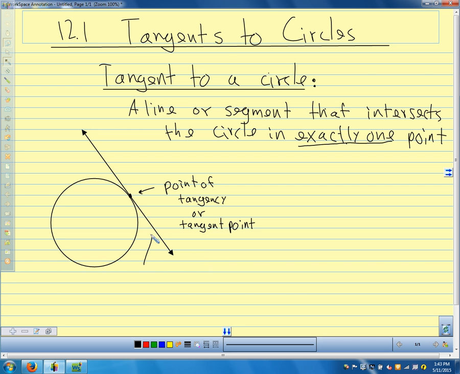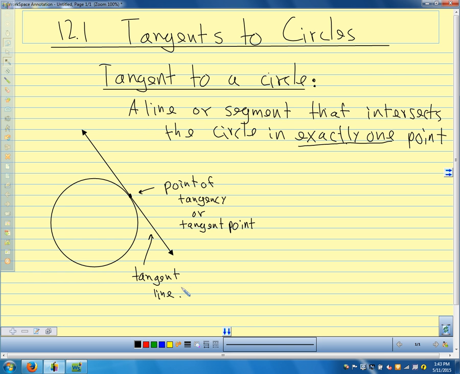And we call this line, or the segment, the tangent line or the tangent segment. Nice things happen when we have tangents to circles. The point is it touches the circle in one point.